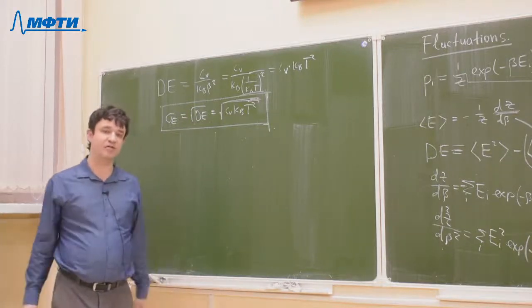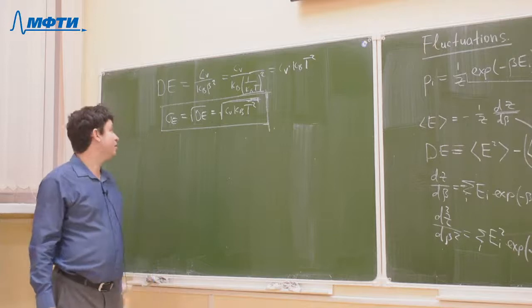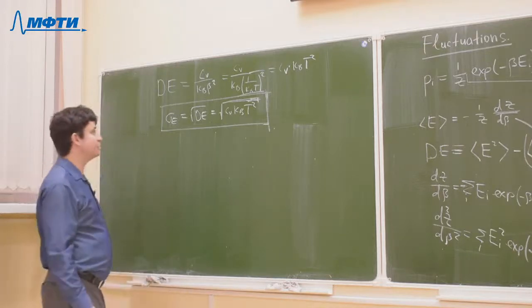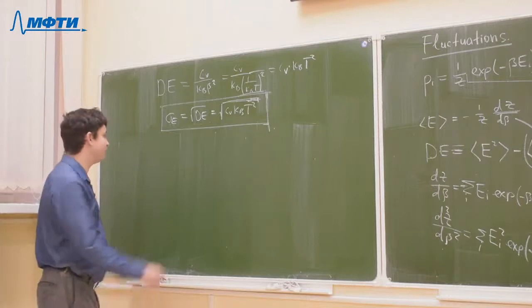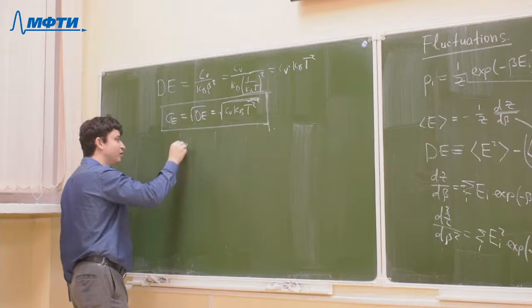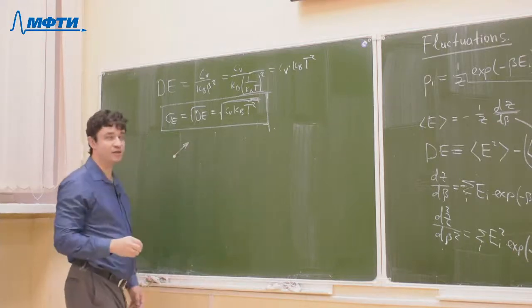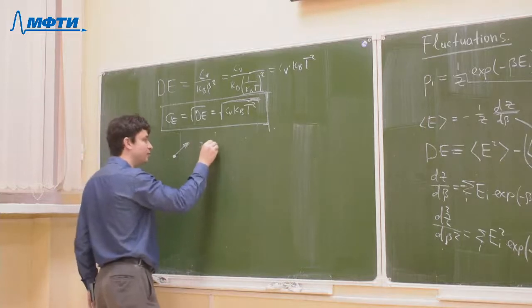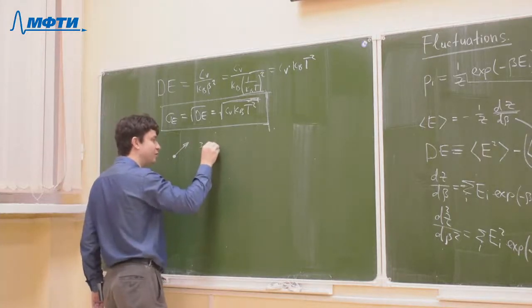If we have an ideal gas, then we can find the fluctuations of energy even for a single particle. So let's assume we have only a single particle, and this particle can move translationally in space. So we have 3 degrees of freedom.